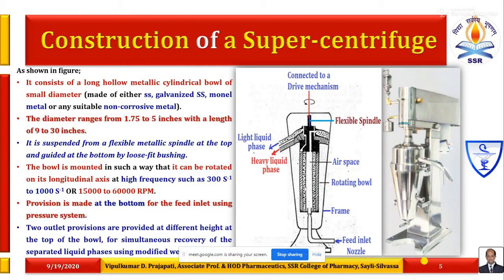Two outlet provisions are provided at different heights at the top of the bowl for simultaneous recovery of the separated liquid phases using modified weirs at the top near the flexible spindle.